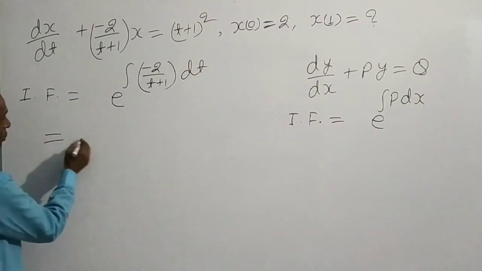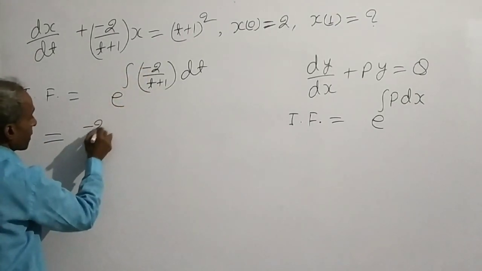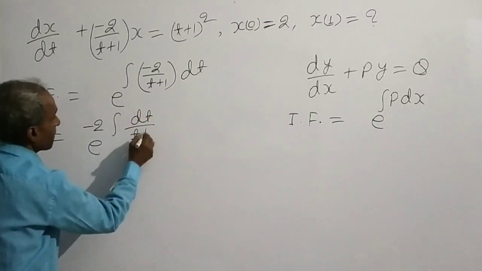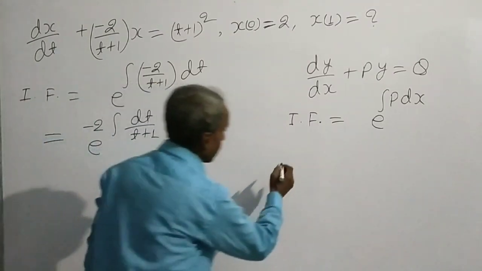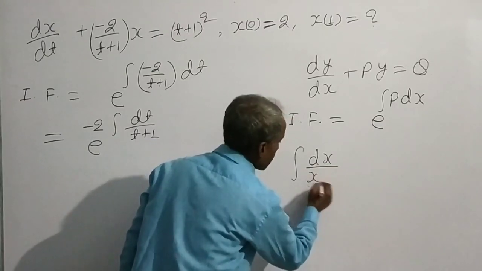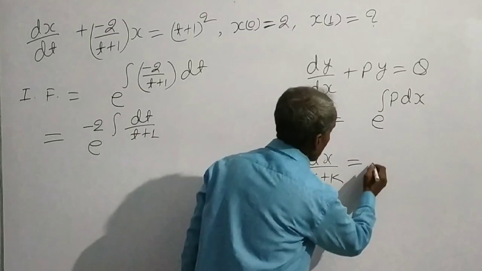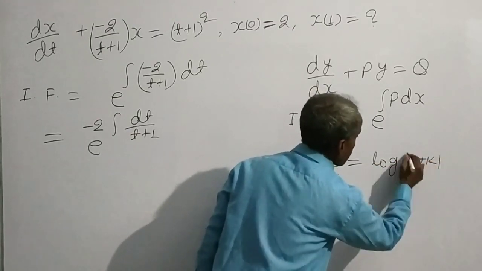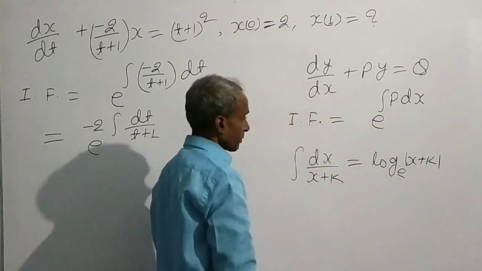That is equal to e to the power minus 2, which is a constant number, minus 2 integration dt by t plus 1. Integration of dx by x plus k is equal to log of x plus k to the base e.